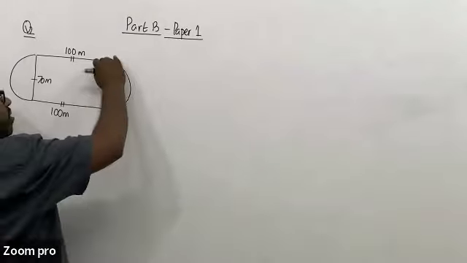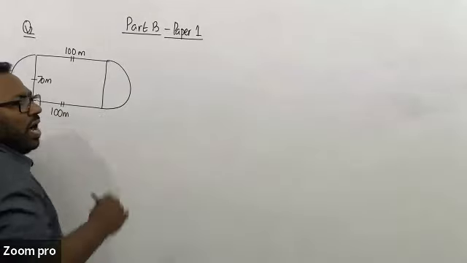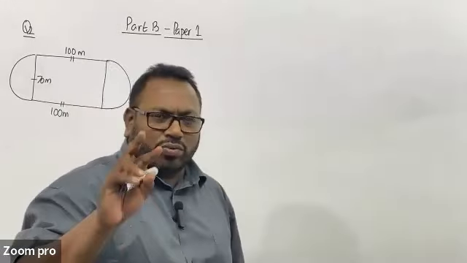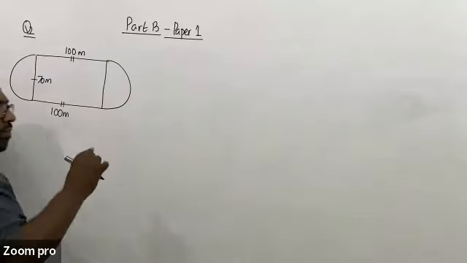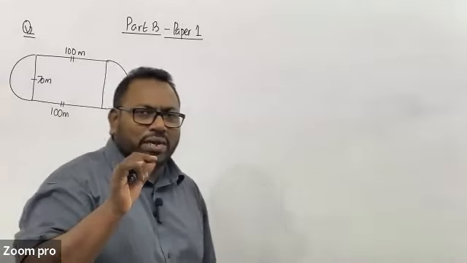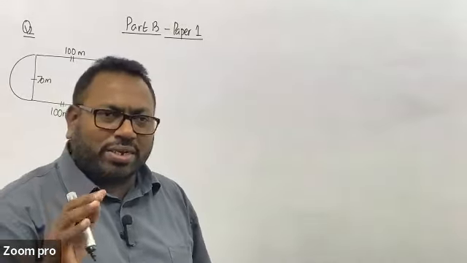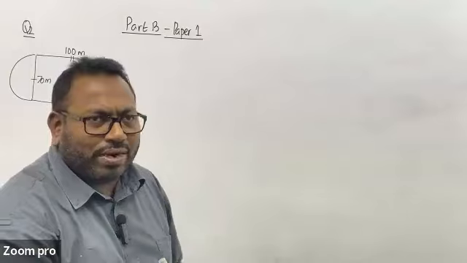What do we need to do now? We need to find the arc length of this semicircle. We have two arc lengths, and if we find the arc length of one semicircle, it is equal to the other one as well.